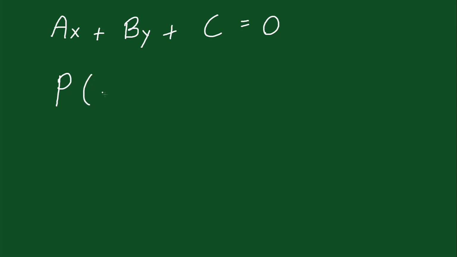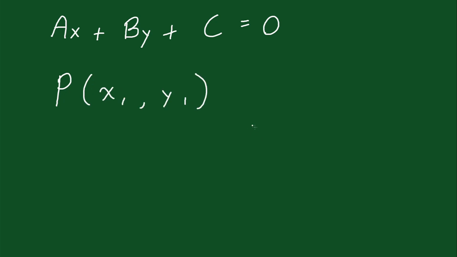So let's say you have a line, and the equation of the line is ax plus by plus c is equal to 0. And if it's not written in this form, you can go ahead and change it to this form. And now let's say you have a point. Okay, we'll call it point P, and point P has the coordinates x1, y1.